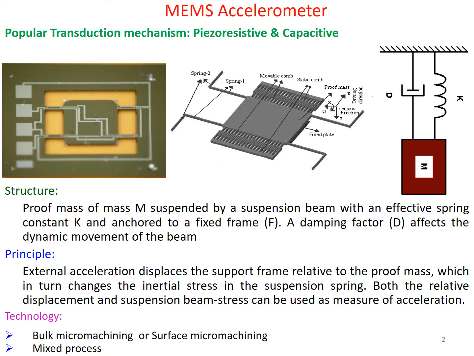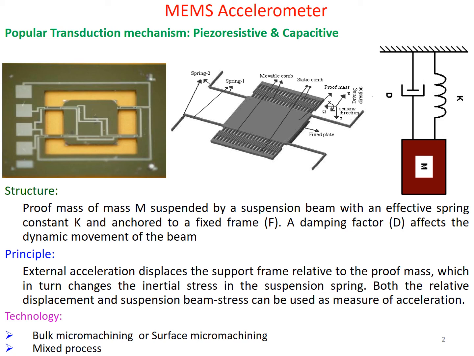Now the reference frame, as I told, you can think of as the complete packaged thing. When you put that package on a platform where acceleration is applied, there will be movement or displacement of the reference frame itself.